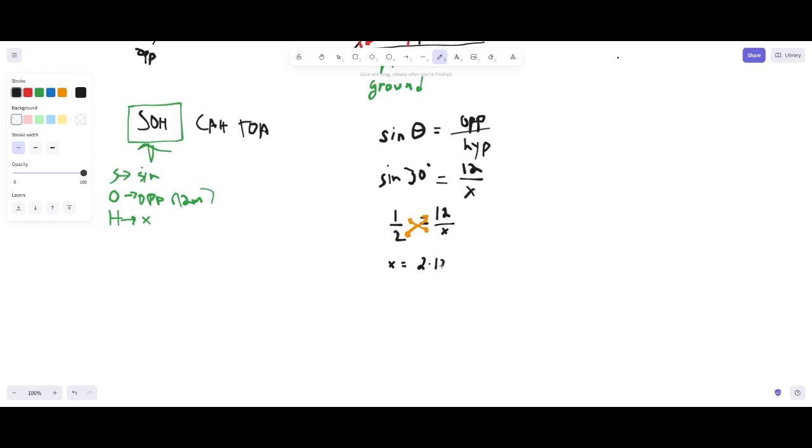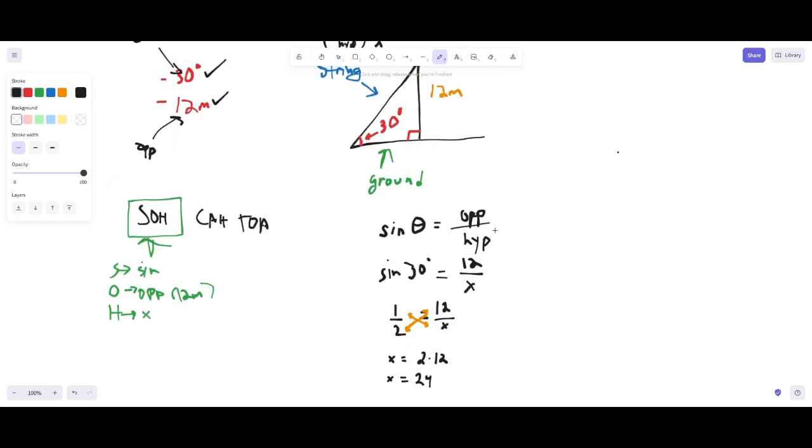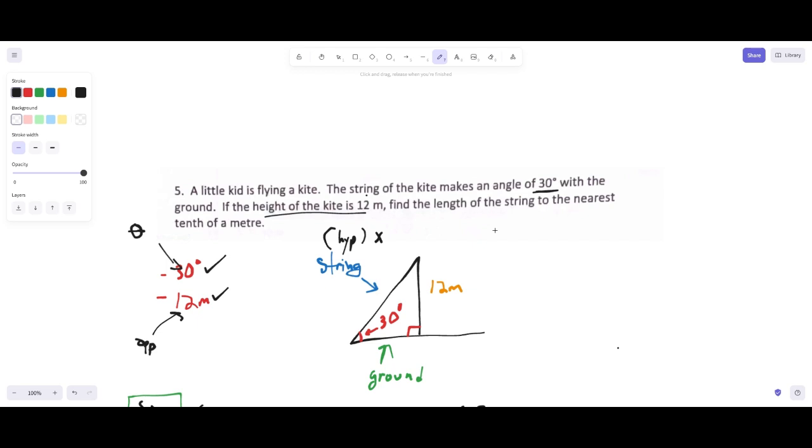Because remember, 1 times x just produces the same result. And so then x is going to equal 24. Because remember, 2 times 12 is what? It is 24.